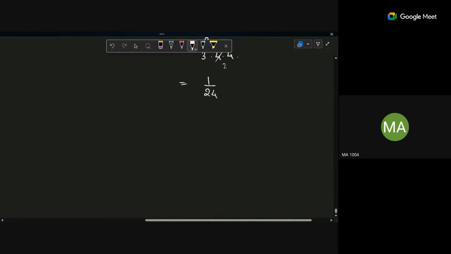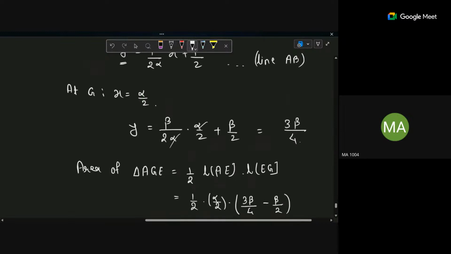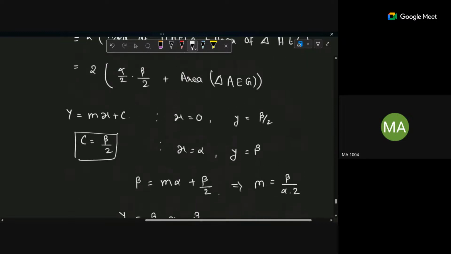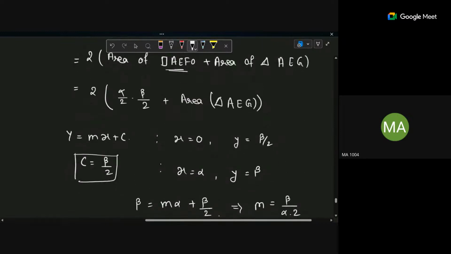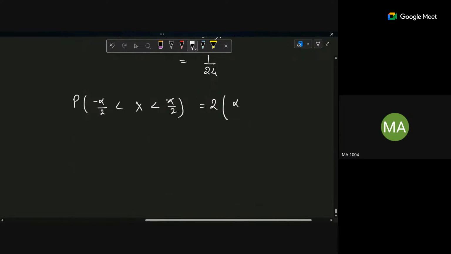Now we need the probability that x is lying between minus alpha by 2 and plus alpha by 2. That's twice the area of the rectangle plus the area of this triangle. The area was alpha beta by 4 plus the area of triangle AGE, which is 1 by 24.